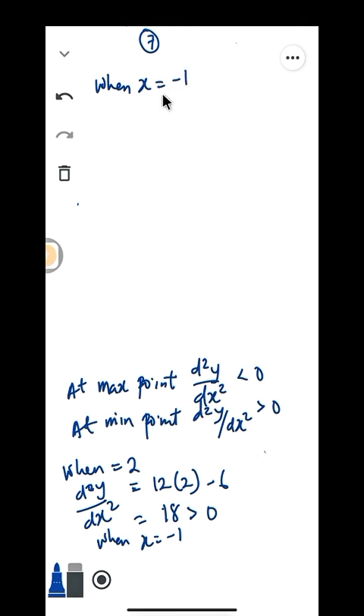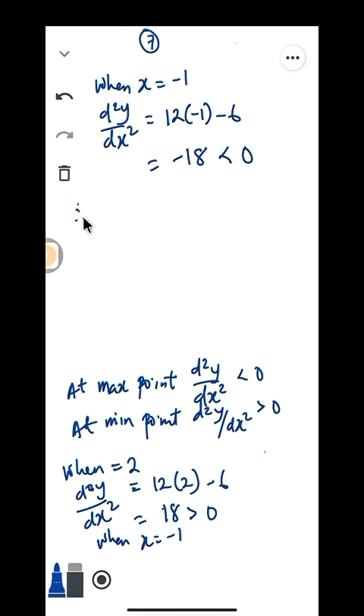When x is equal to -1, and then put it into our 12x minus 6, we should have that the second derivative d²y/dx² should give us 12 into -1 minus 6, right? I know that 12 into -1 is -12. -12 minus 6 is -18, which is less than 0.